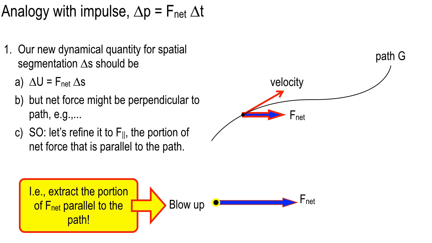Now what we're going to do is extract the portion of this vector that's actually parallel to the velocity. That's what we need. Parallel to the velocity means parallel to the path. Tangential to the path means parallel to the velocity. All right, so the way that we do that is we copy the net force down here, and I made it easy to copy.